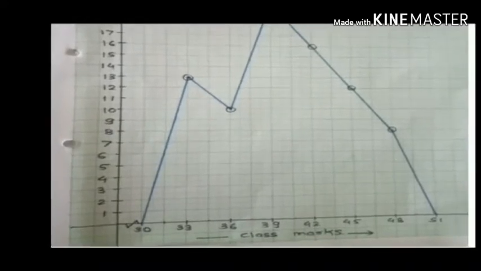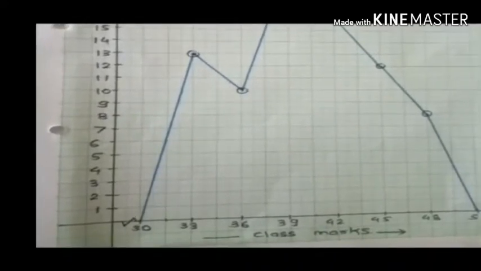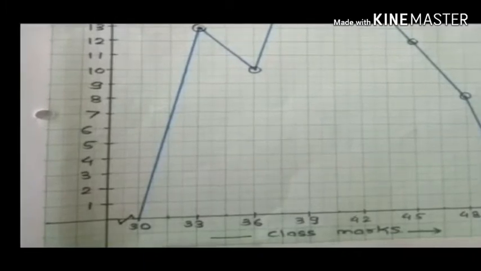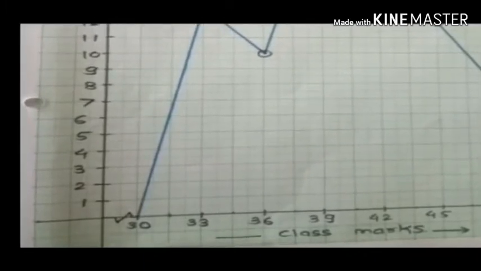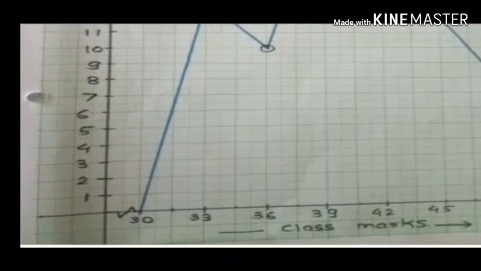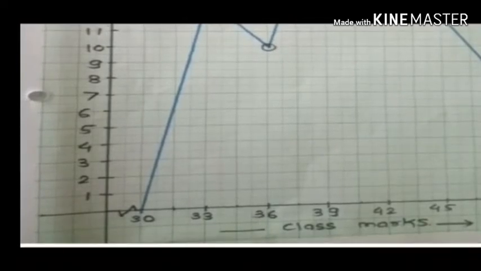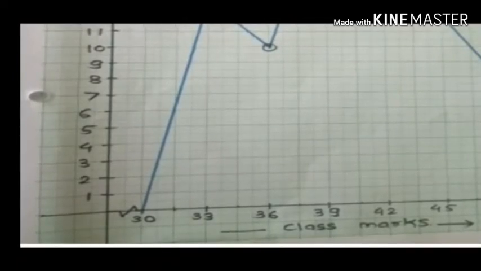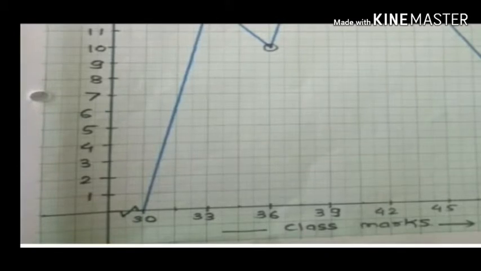So now we will be plotting the points 33, 13, that is, the x coordinate is 33 and y coordinate is 13, x coordinate 36, y coordinate 10 and so on. So the frequency polygon will be ready in this way.